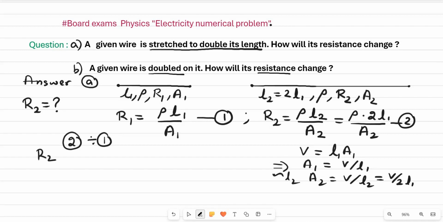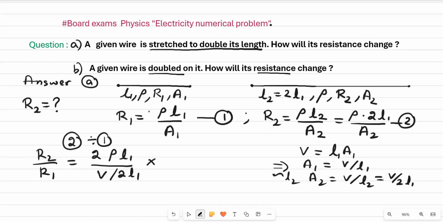So R2 by R1. First we write the fraction for R2, from the equation 2 right side. That is twice rho L1 by A2. What is A2? A2 is V divided by twice L1. So that is the fraction for R2, divided by R1.